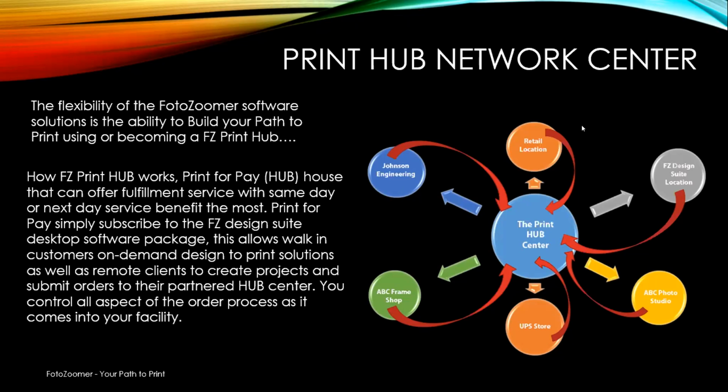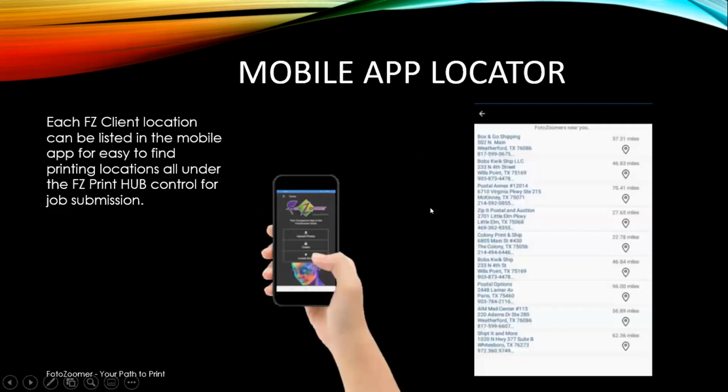Now, in addition to those things, let me click back on my screen here, we have a mobile app upload capability as well. We created an application that the customer can download and then upload images to be printed. These images can be uploaded through either Apple or Android, and then accessed by any client software or any Design Suite or Print Hub location.